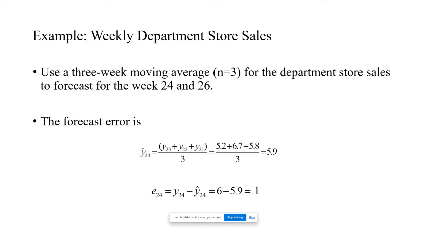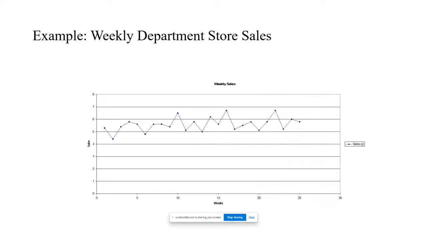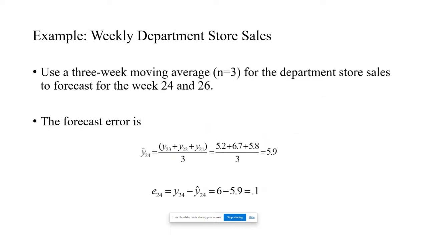So the forecast error, in week 24, we forecasted 5.9. It was actually 6. So week 24, you can see the 6 there at the bottom. We forecasted 5.9. So the error is 0.1.